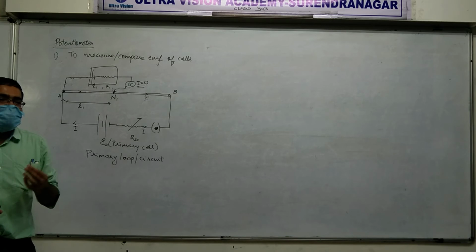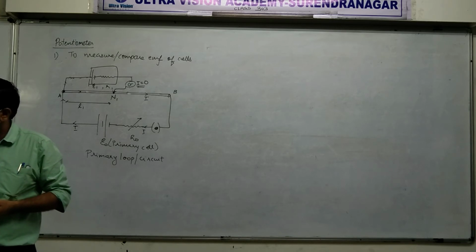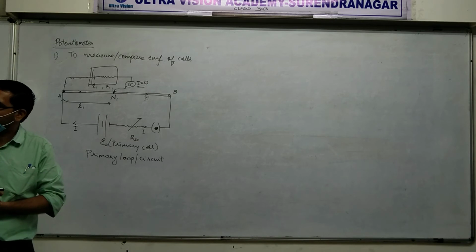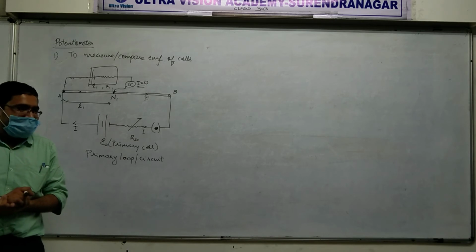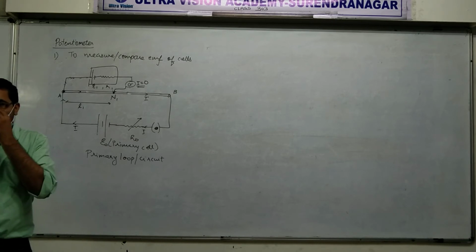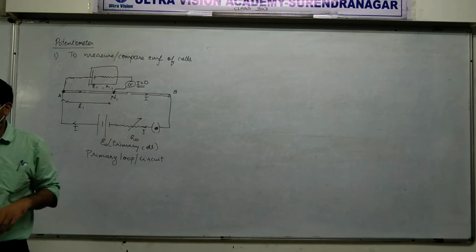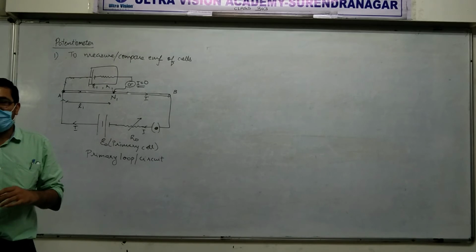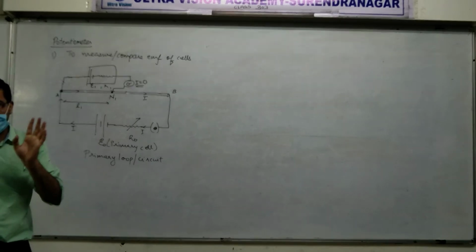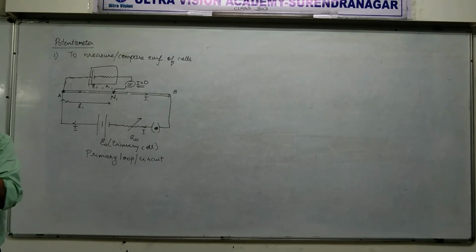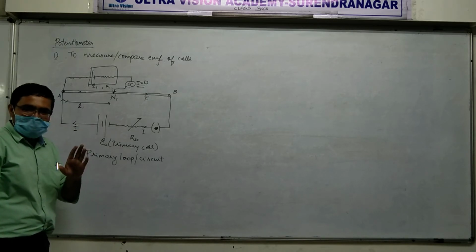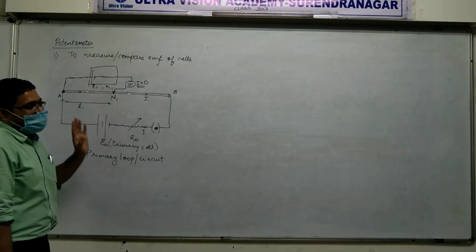Open circuit condition. Do you remember or not? Open circuit condition when I is equal to 0. You had forgotten, right? You remember now. In open circuit condition I is 0 and what is equal to what? V is equal to epsilon. Consequently, V is equal to epsilon. Fine. Everyone gets that? So that is the potentiometer from A.